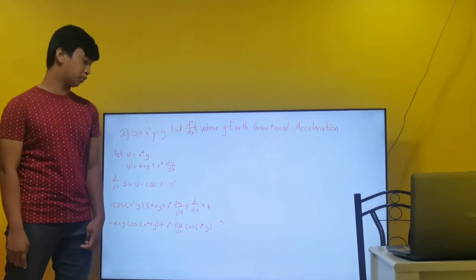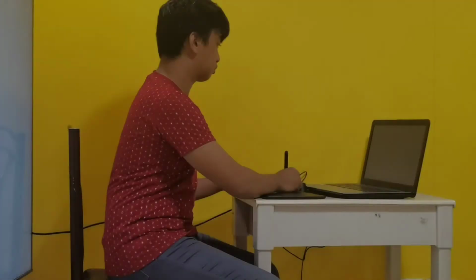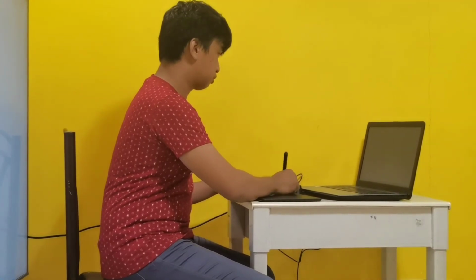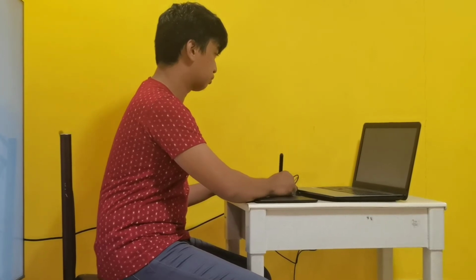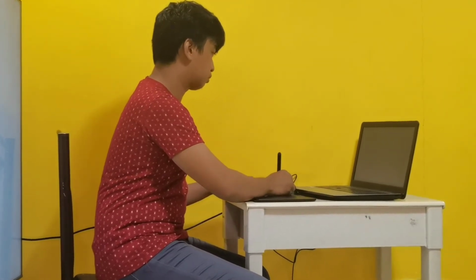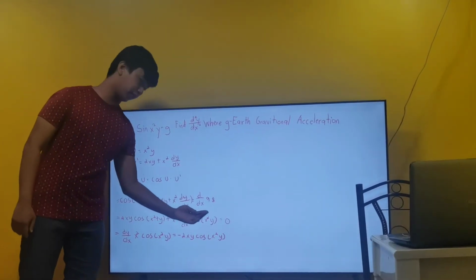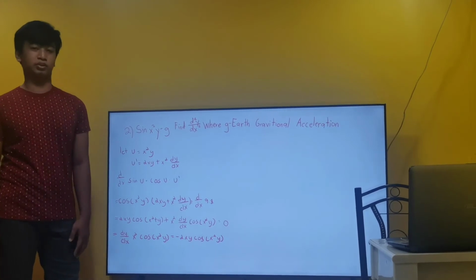So let me ask you, what is the derivative of 9.8? So the derivative of 9.8 is 0 because the derivative of a constant is equal to 0.